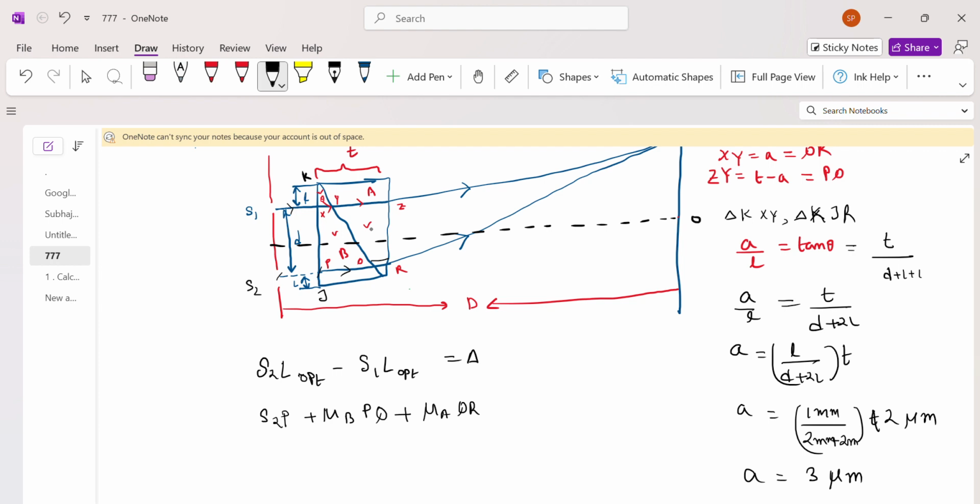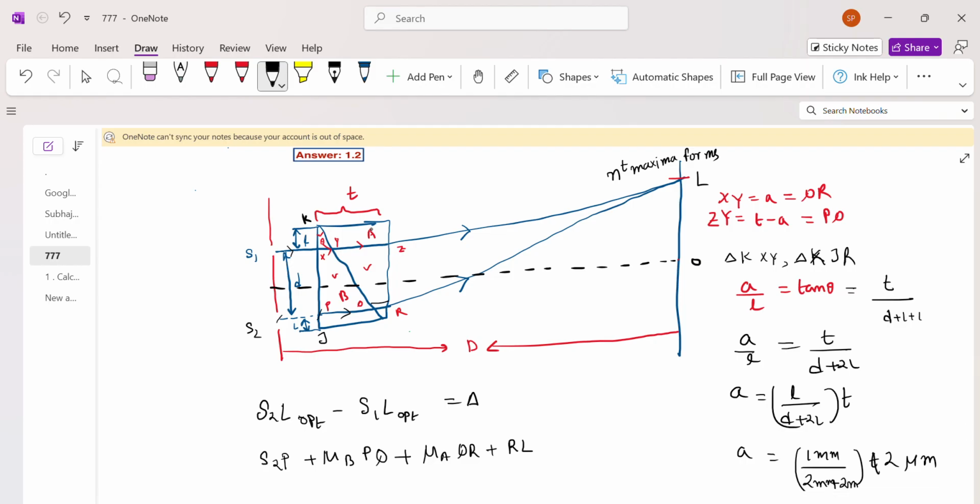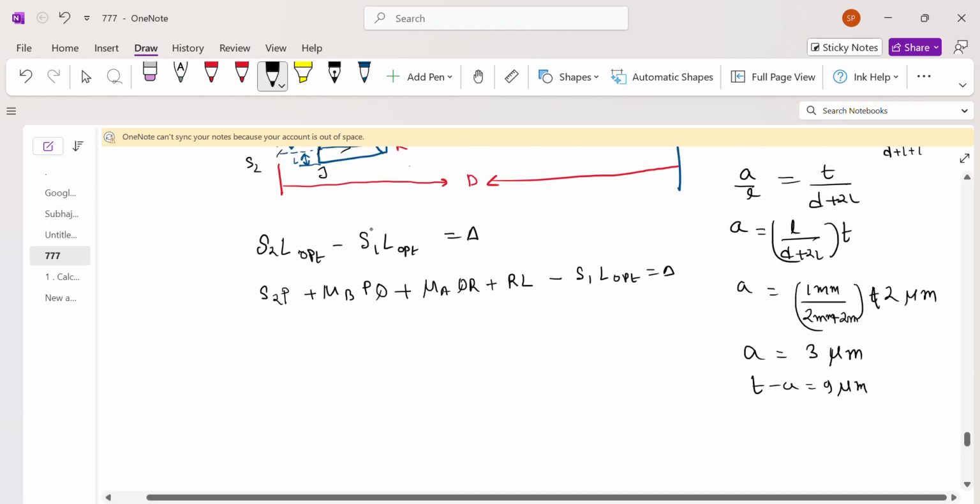And then this light ray travels through the vacuum, so the optical path and geometrical path will be identical. So this is RL. And similarly I will have my S1L optical. I will write it down separately, don't worry.